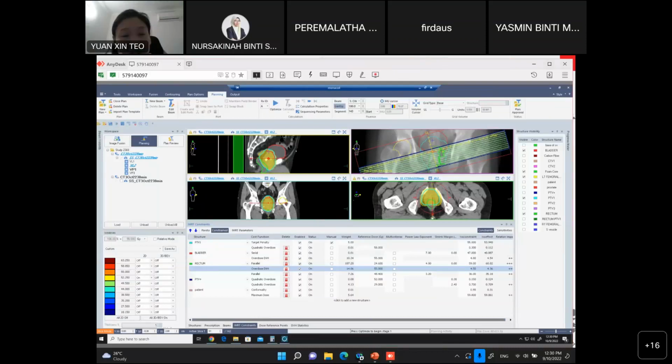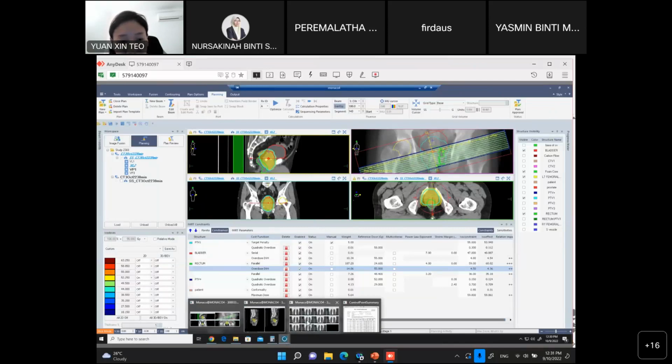If there is no question, then I will proceed to the next, because we have another 30 minutes. Apart from this, a prostate plan is a very simple plan.